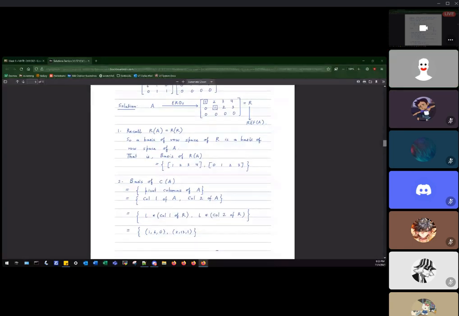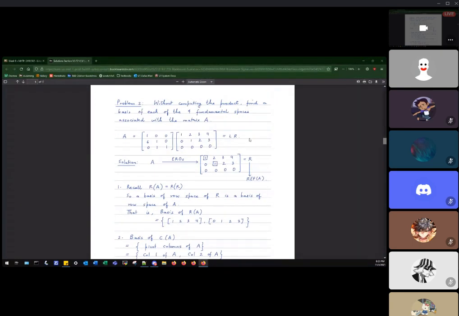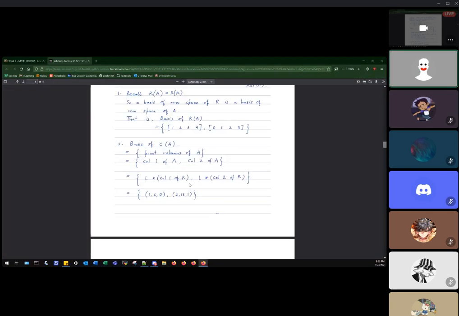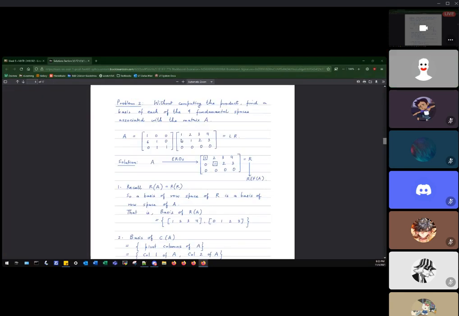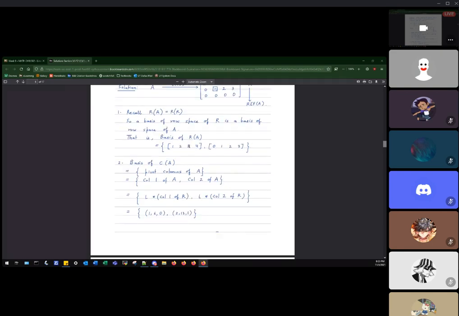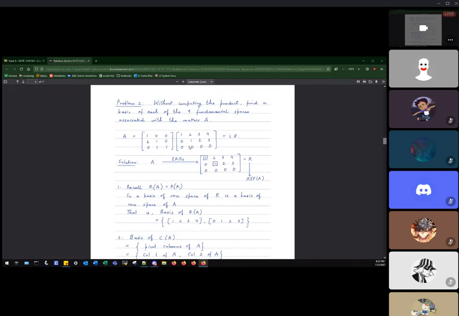Column space. I'm not sure why the column space is just these two columns. How many linearly independent columns are there?